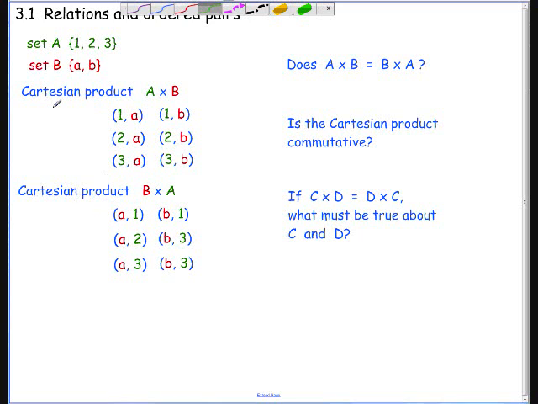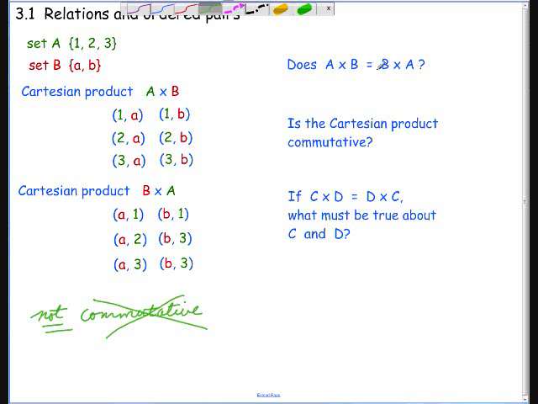What can we say about a Cartesian product? It is not commutative, is it? The position does matter. When the commutative property applies, you can commute from one position to another and it remains the same. Cartesian product, it matters which comes first.